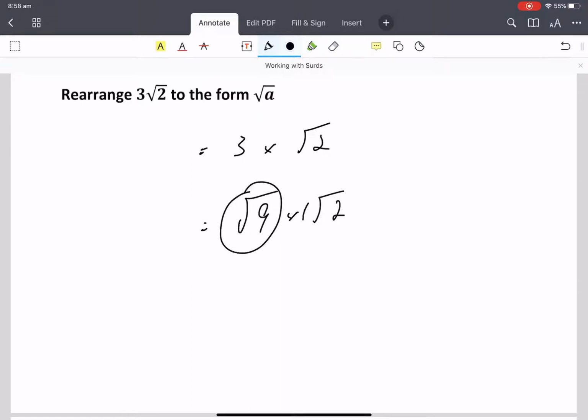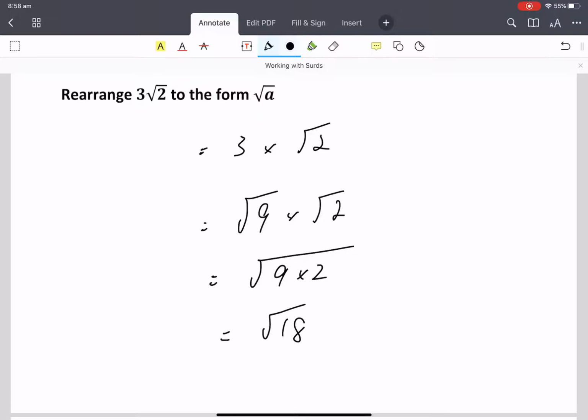That's root 9 multiplied by root 2. And then we merge our radicals, which is root 18. Because we can split them, we can also merge them that way. So we need to be able to go both ways.